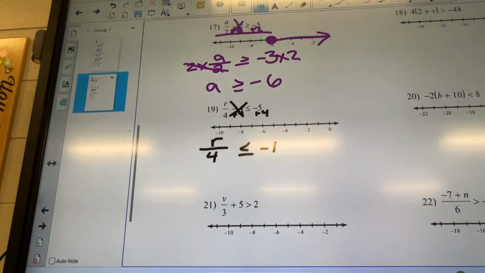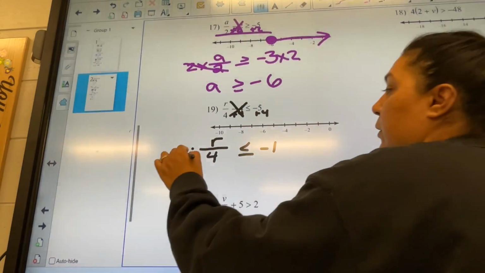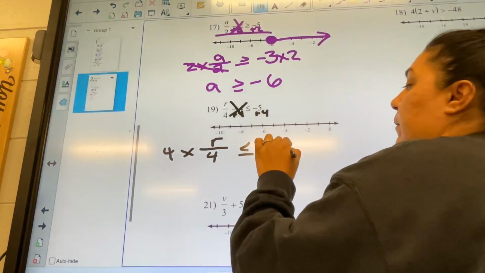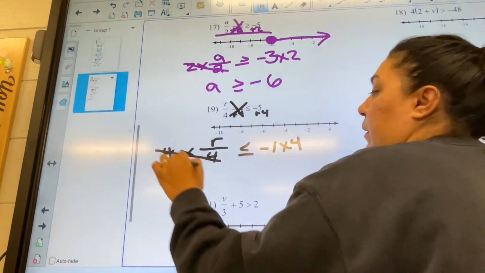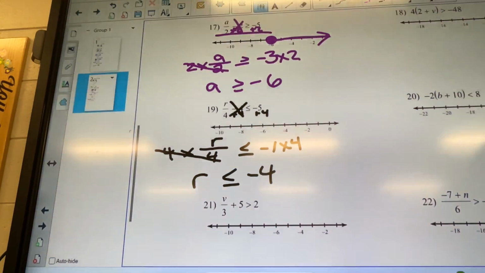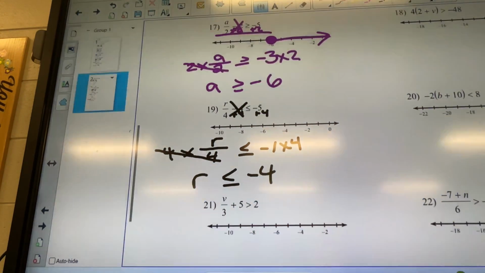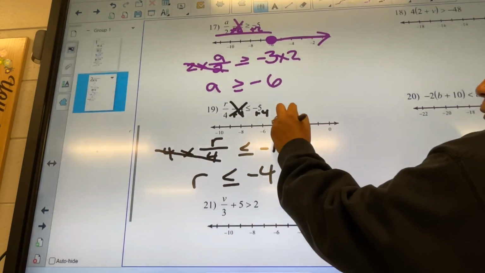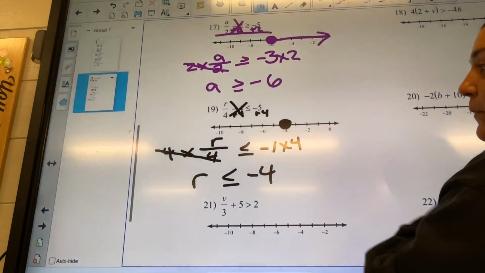Times 4 on both sides. We're going to say times 4 and times 4. So we get R and a negative 4. Is that going to be open or closed? Closed dot. Which way is it going? To the left.